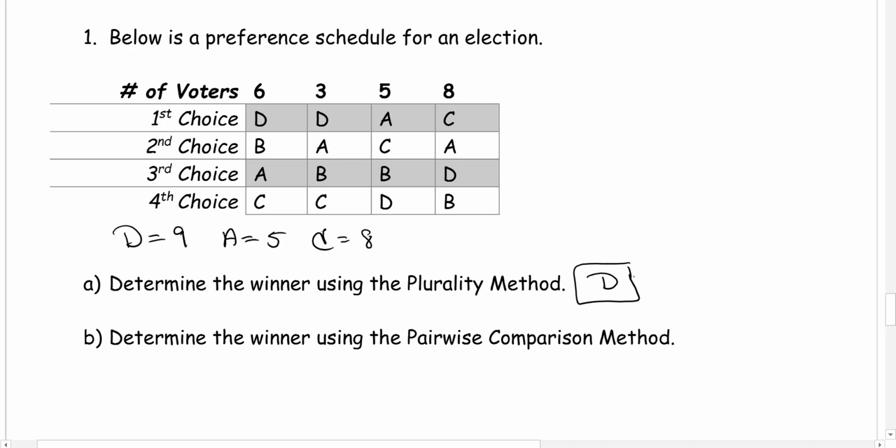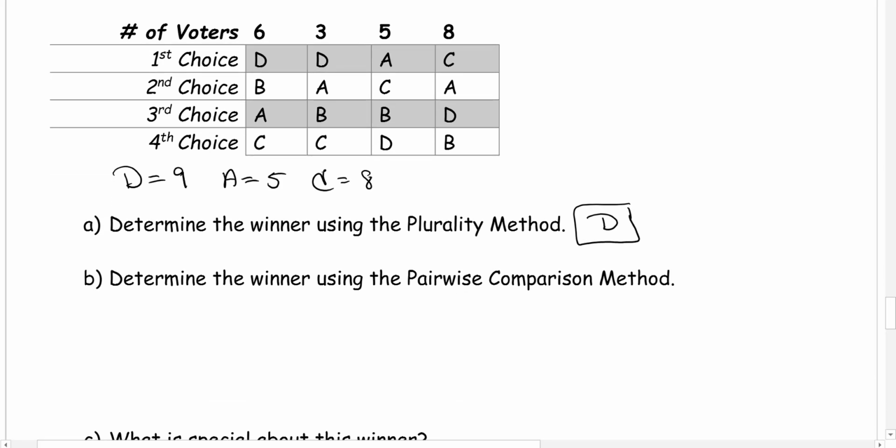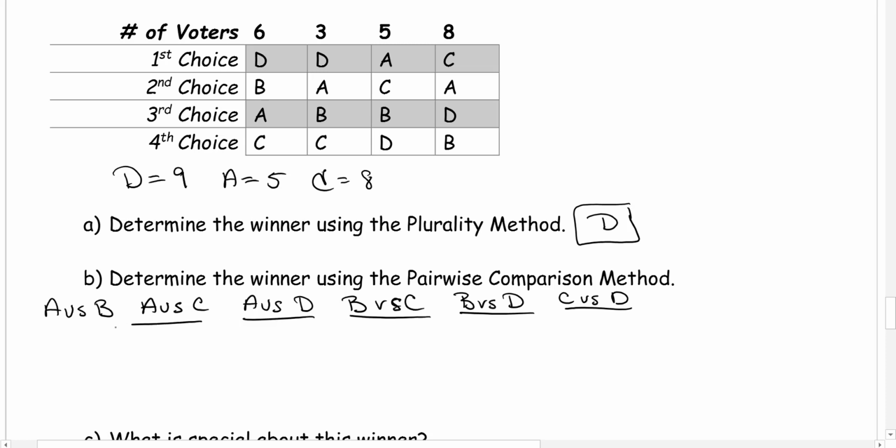Next, we want to determine the winner using the pairwise comparison method. So we need to pair everybody up. So now we have each of our pairwise comparisons set up.